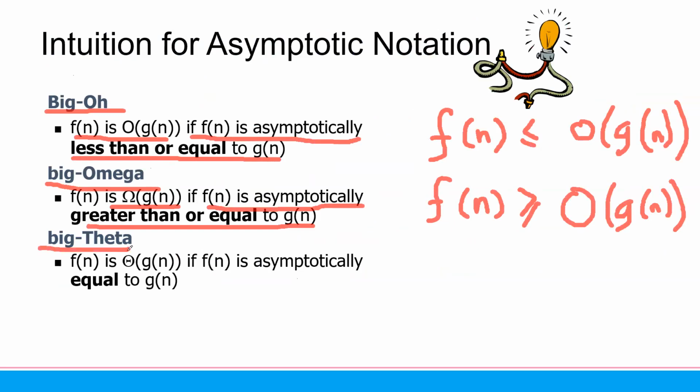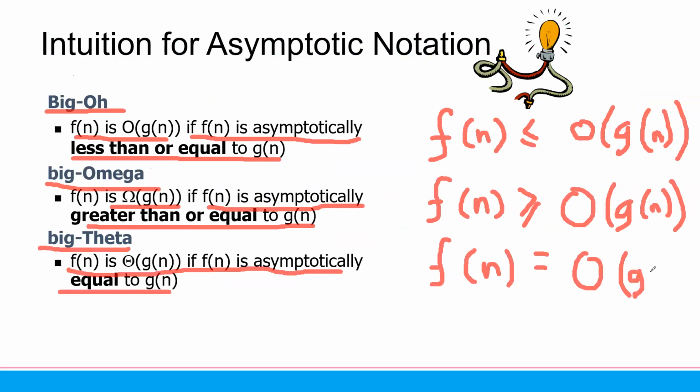Big theta: we call f(n) big theta of g(n) if f(n) is asymptotically equal to g(n). So we have f(n) equal to g(n). Okay, so the difference is only the symbol.